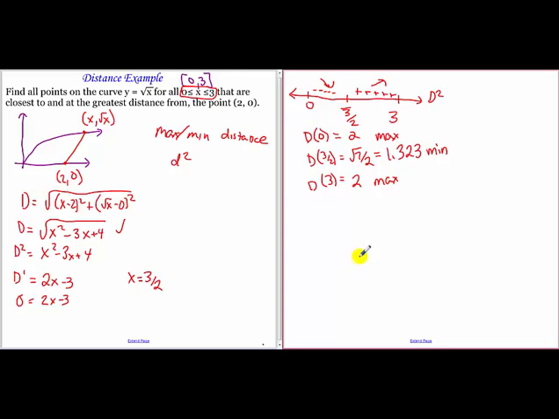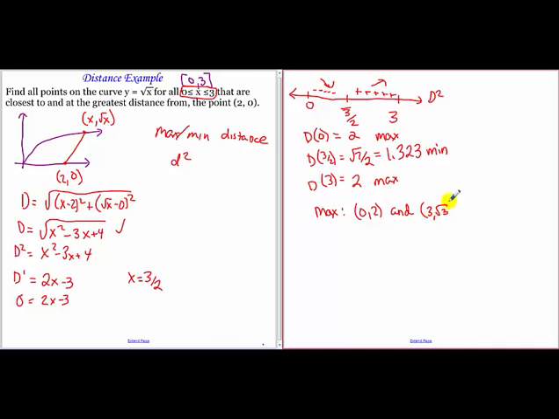Okay, so my point on my curve where my max is is 0, 2, and the point of 3√3.